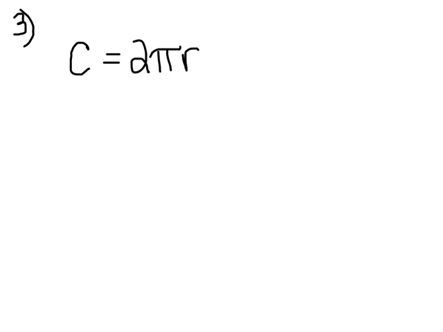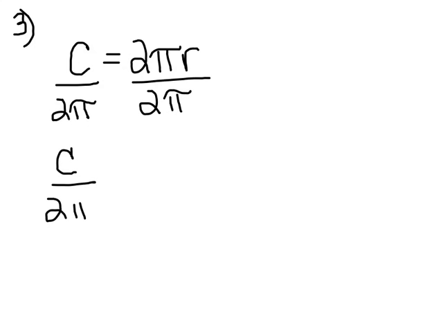If we wanted to solve for r, we'd have to undo the multiplication between the 2 pi and the r. So if we divide both sides by 2 pi, we'd have c over 2 pi equals r.